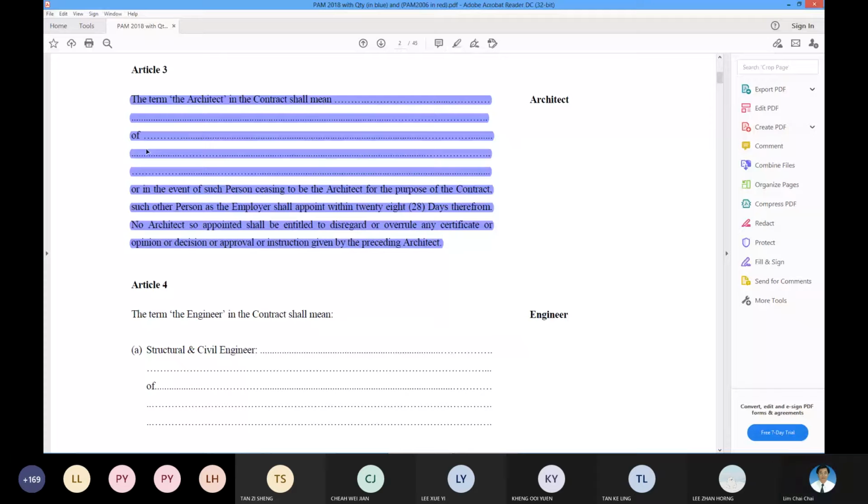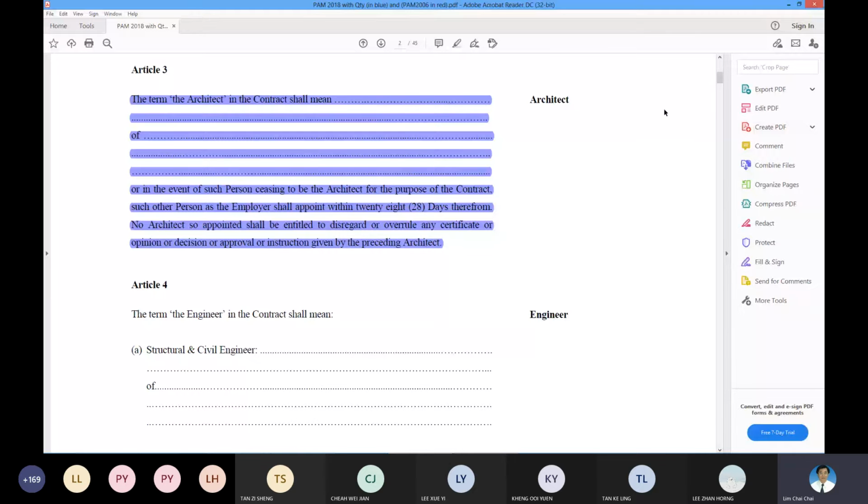So you need to have this named person authorized to sign. If it's an engineer, it's the engineer here, but the engineer will issue the instruction and must pass it to the architect, and the architect will attach the AI and send it out, and not EI. If you use the EI, you're in trouble. So please be careful.